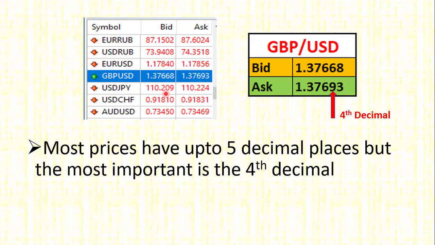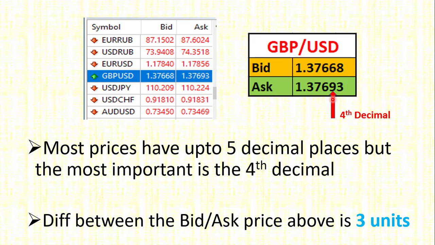The difference between the bid and the ask price, like in our example here, shows a price change of 3 units. That difference doesn't remain constant; it keeps changing for different currency pairs, but whatever the change is, you just look at the 4th decimal place.